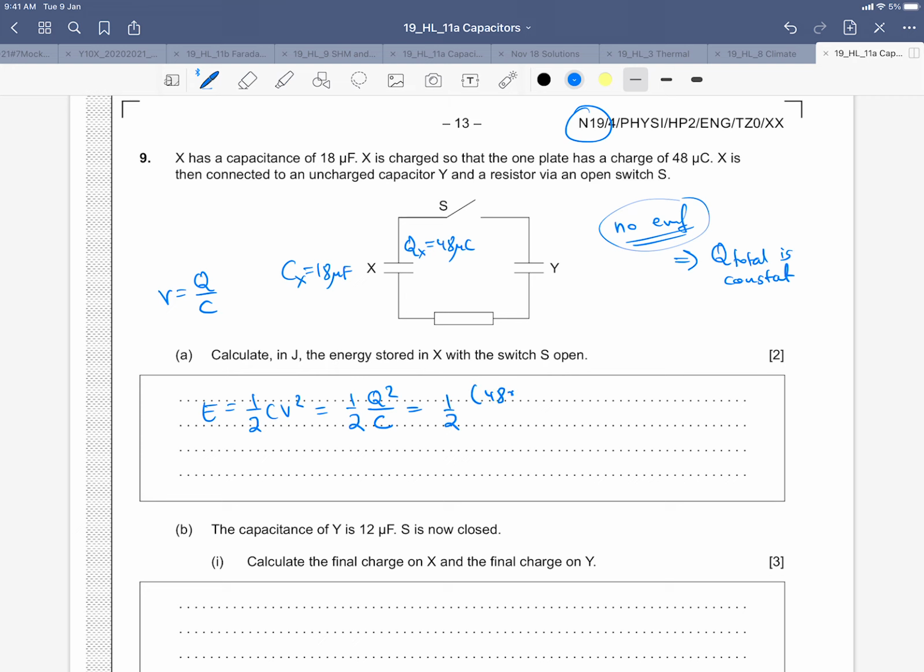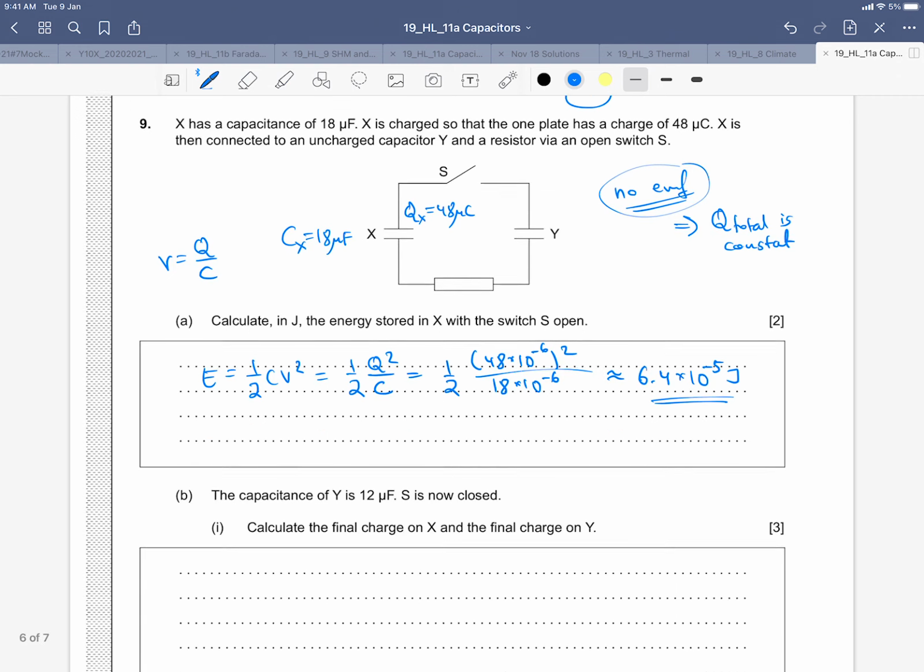Charge is 48 microcoulombs, square that, and we have 18 times 10 to the negative 6 is the capacitance, and that should give 6.4 times 10 to the negative 5 joules. Okay, then we come to the hard one.